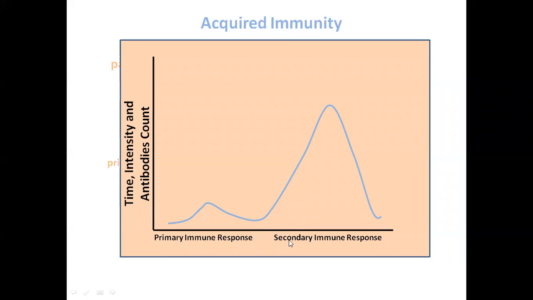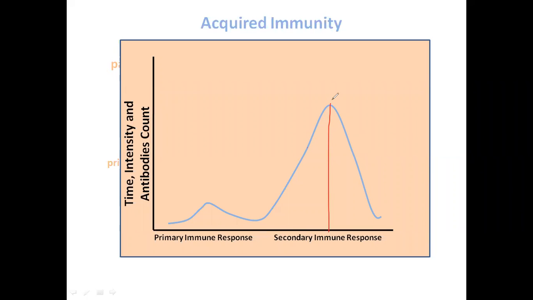And the secondary immune response is of high intensity and of short duration. ये हाई इंटेंसिटी का होता है और शॉर्ट ड्यूरेशन का होता है. अगर आप यहाँ देखोगे तो इसकी इंटेंसिटी बहुत ही हाई है और इसका ड्यूरेशन शॉर्ट है.